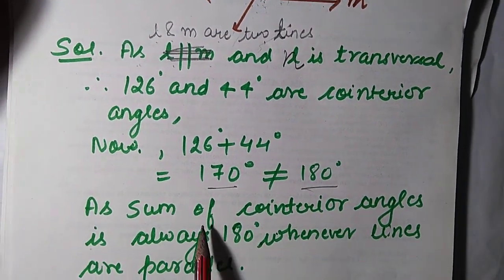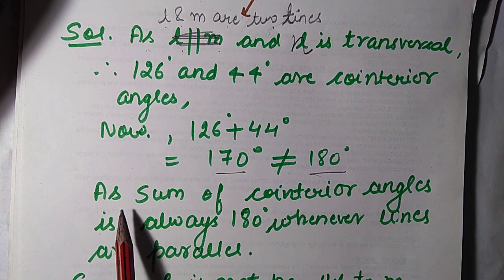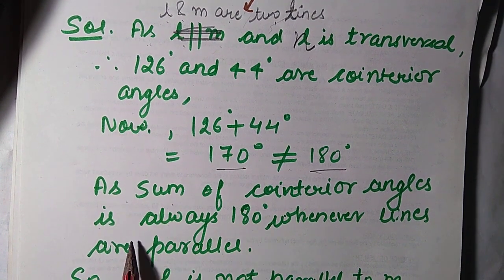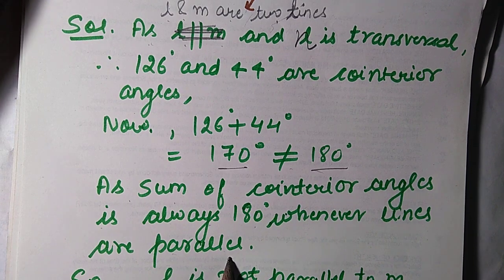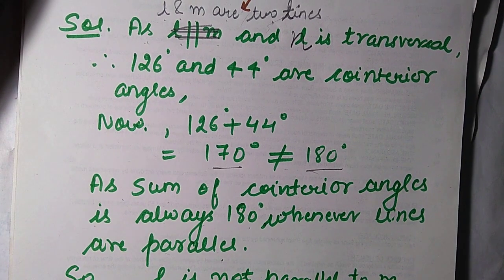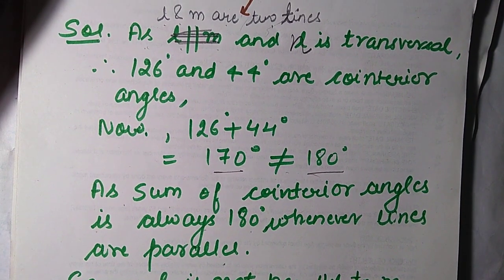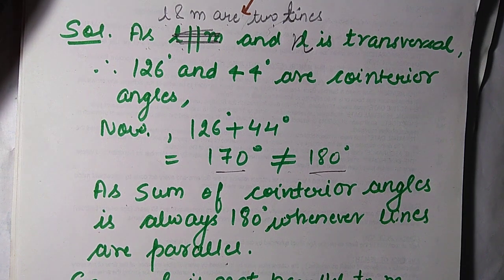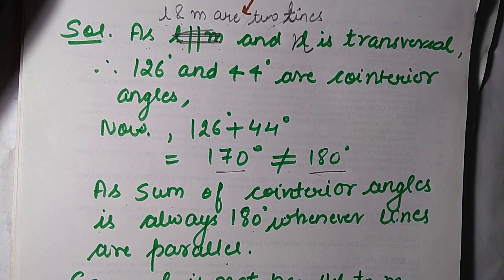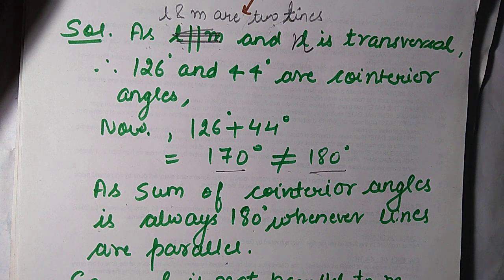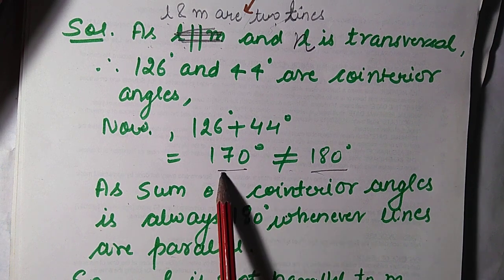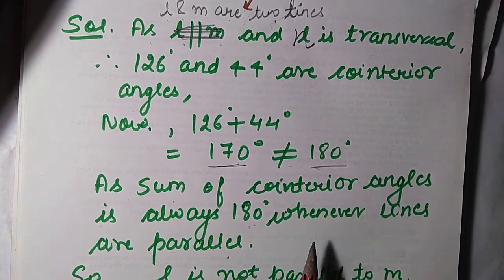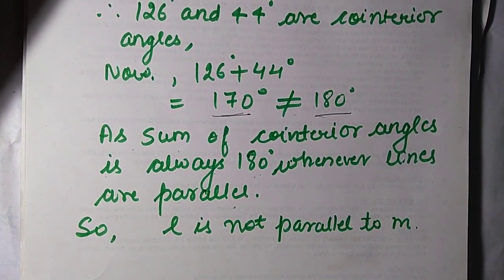We have learned in the condition of parallelism that whenever the lines are parallel, the sum of co-interior angles must be supplementary, and supplementary means 180 degree. But here the sum is 170, so line L is not parallel to M.